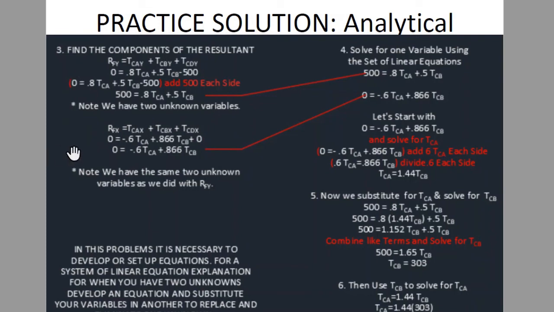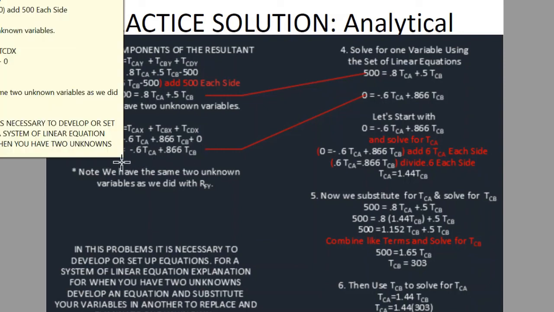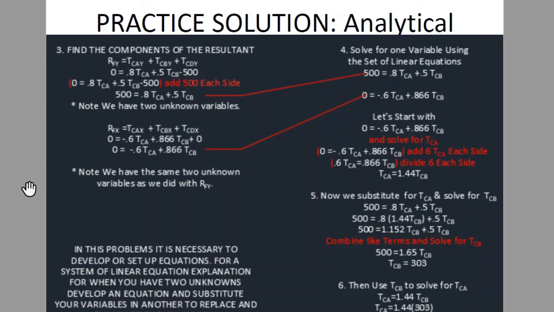And we find that our resultant's X component will be equal to negative 0.6 TCA plus 0.866 TCB. Note again, we have the same two unknown variables as we did with RFY.